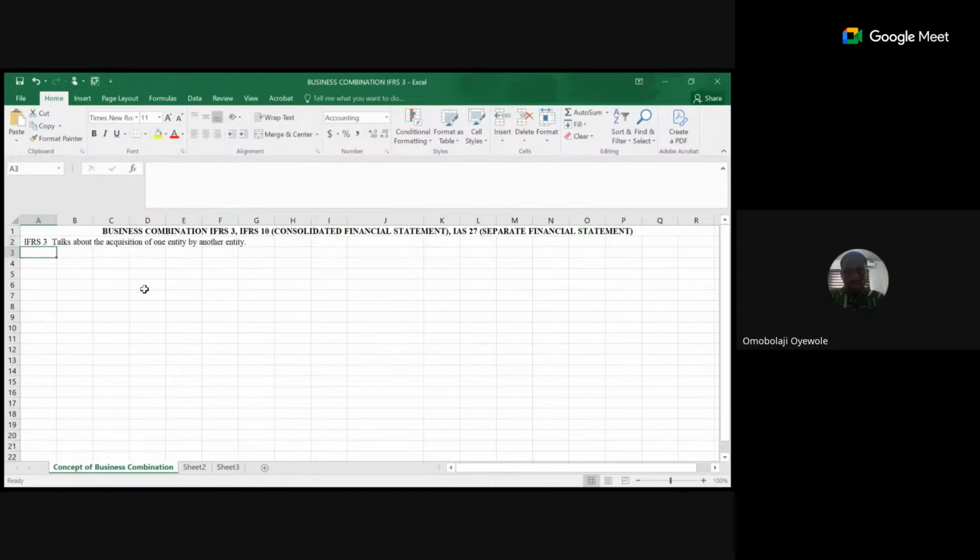So when an entity is buying another entity, that's a business combination. Are we on the same page? Yes. Let's look at it from this angle now.